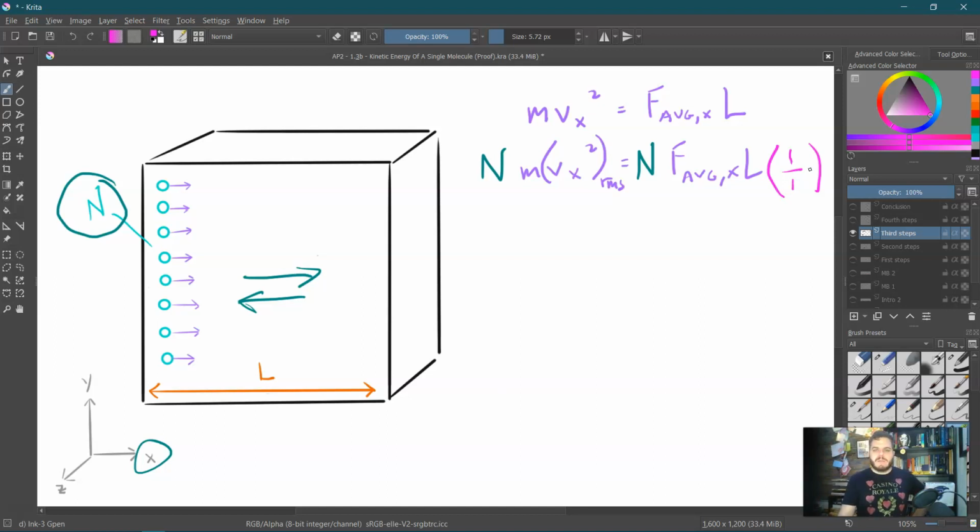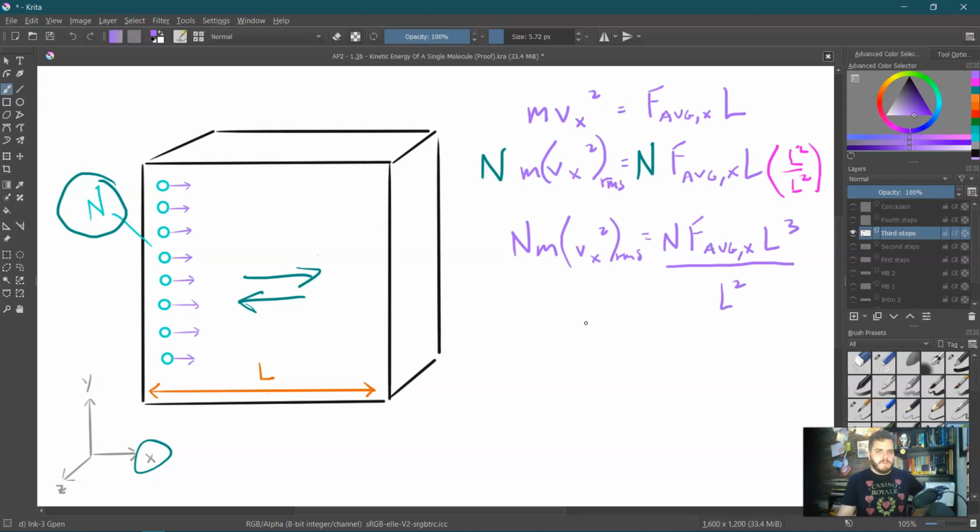So I'm going to make this L squared over L squared, which might look a little bizarre, but let's rearrange this a little bit. So now I have nm vx squared RMS is equal to n f average times the x, so L times L squared is L cubed over L squared.